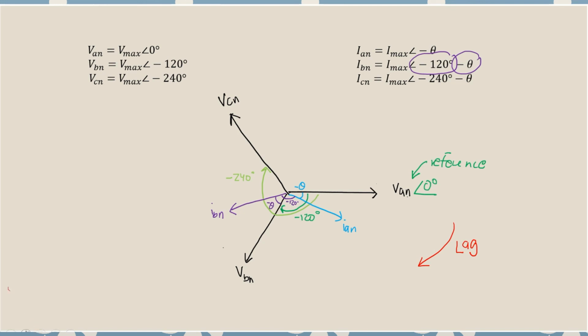Now let's go for this color and draw ICN. So now it's negative 240 and negative theta. So that is ICN. And then negative 240 from IAN all the way. So that is the phasor diagram.